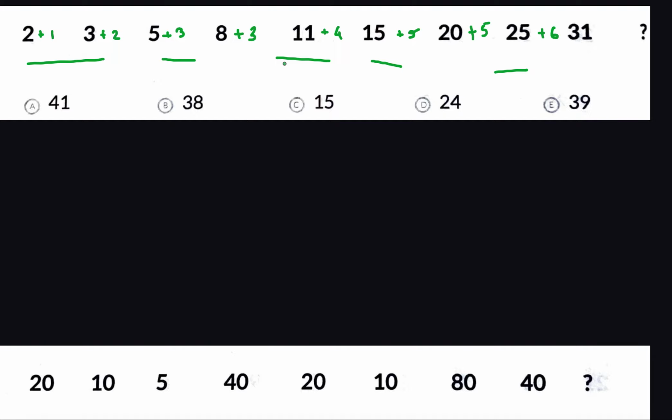So it seems to me that the odd numbers are added twice, barring maybe 1 here, and then here too I'm adding odd numbers twice, but the even number I'm adding only once, as in this case.